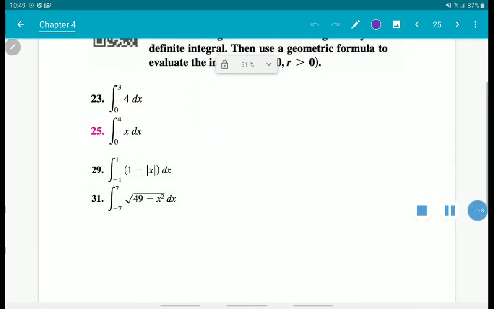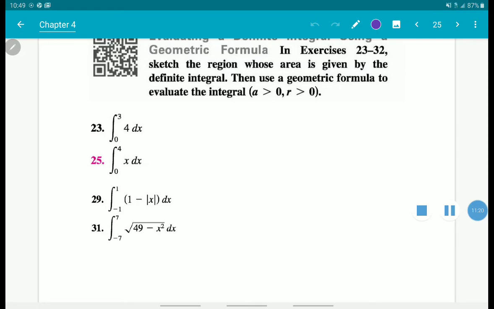So now we're going to start talking about geometric formulas. So we're working a little backwards here. We have this function. We want to know what does that graph look like, and then can we figure out that area under the curve. So let's look at 23. We have the function y equals 4. That's coming from this.